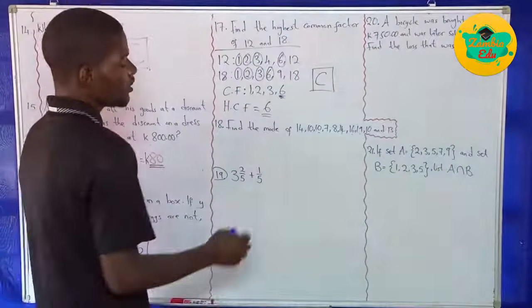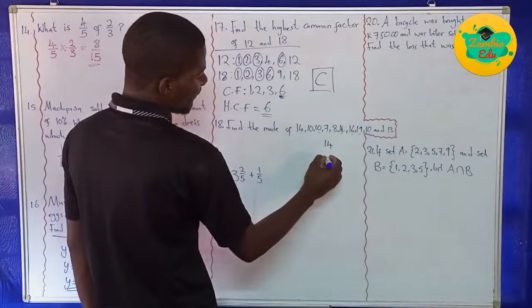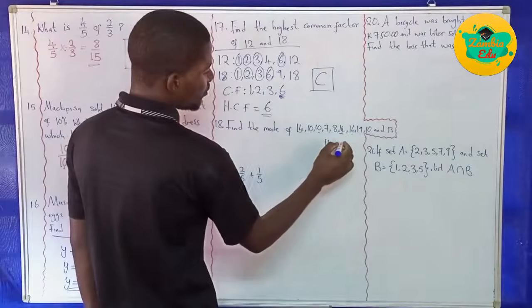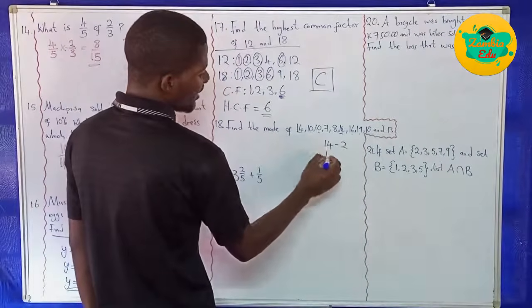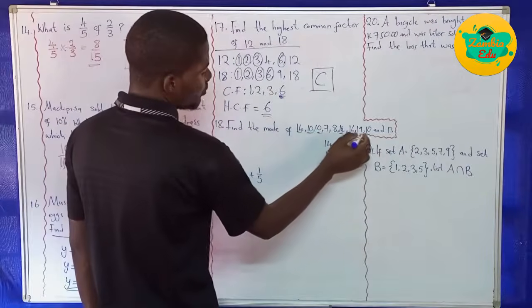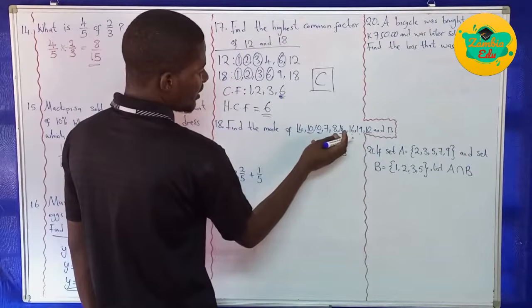So we can see, maybe let's do it this side. 14 appears how many times? 1, 2, 2 times. 10 there appears how many times? 1, 2, 3. 10 appears 3 times. What else?